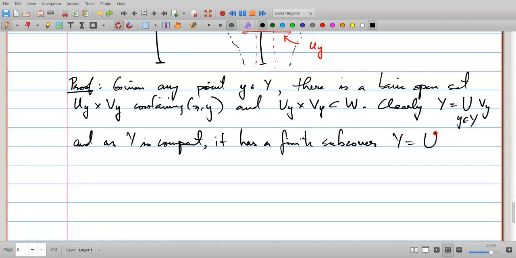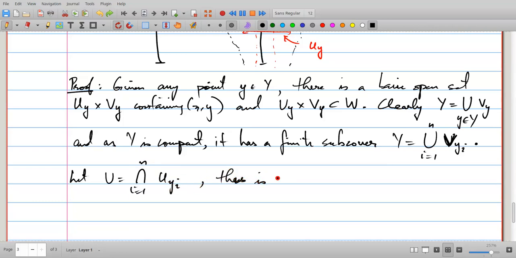So we can write Y is equal to the union for i equal to 1 to n of Vyi. Let U be the intersection of the Uyi.